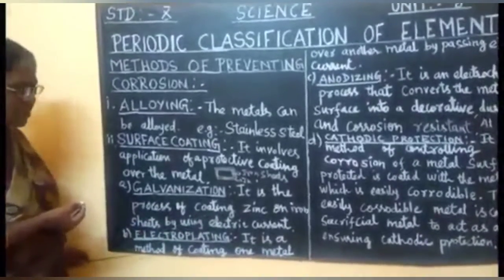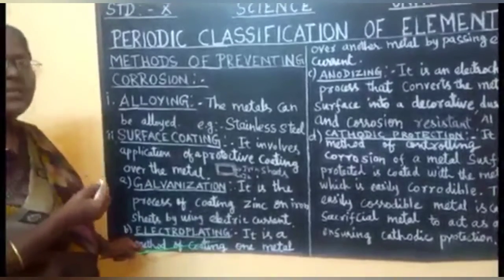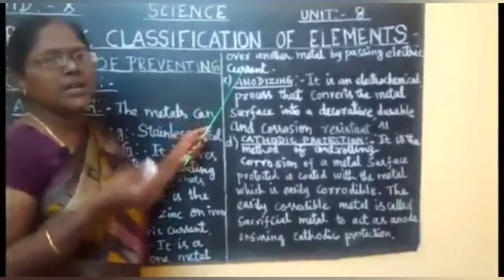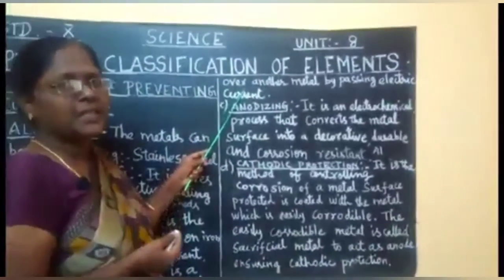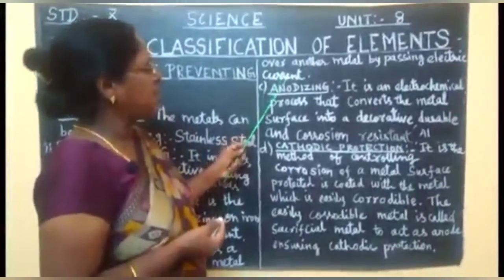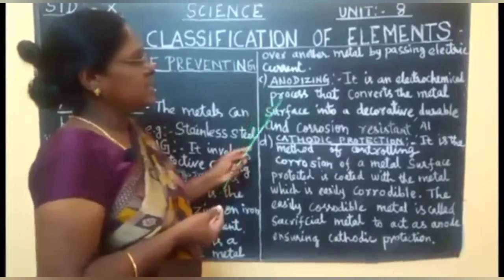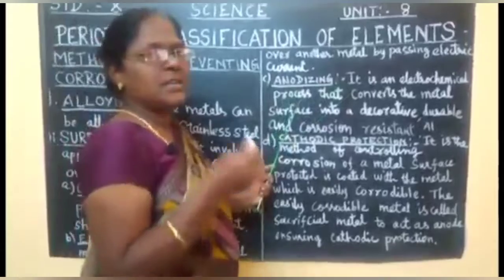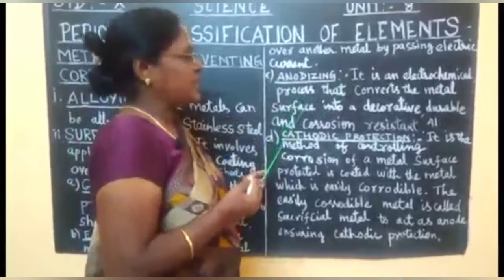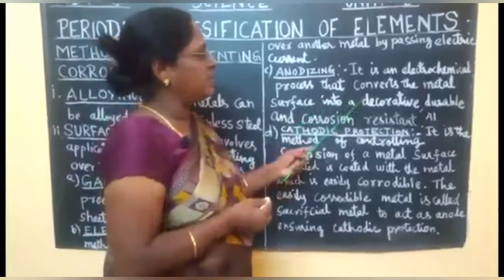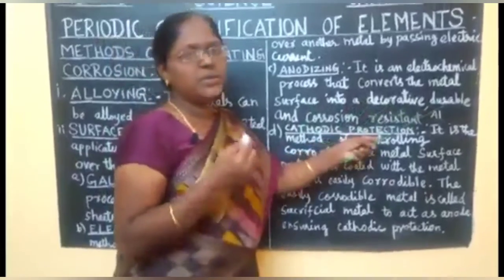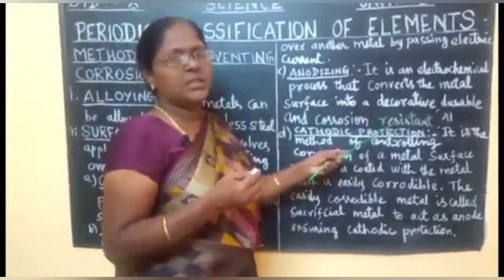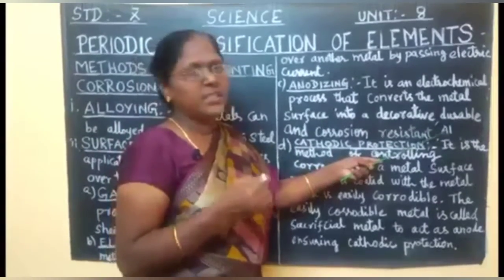Next one is electroplating. It is a method of coating one metal over another metal by passing electric current. The third one is anodizing. It is an electrochemical process that converts the metal surface into a decorative, durable and corrosion resistant one. Here we have seen aluminium.